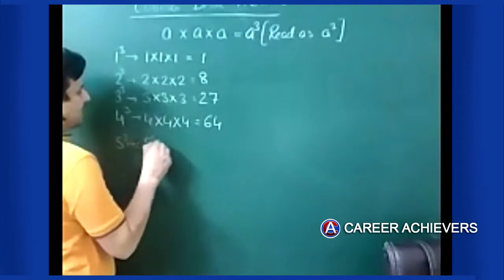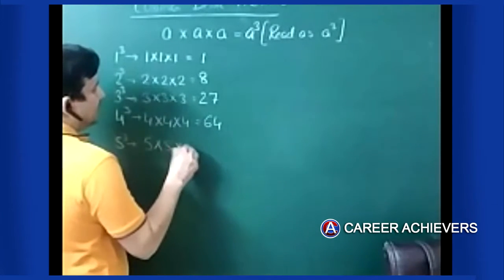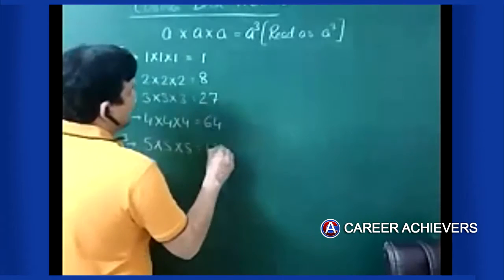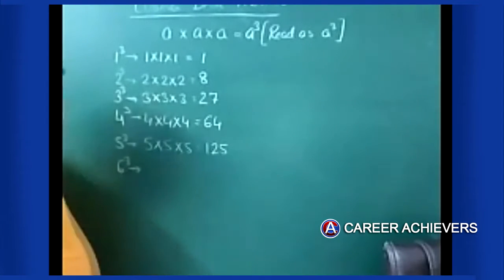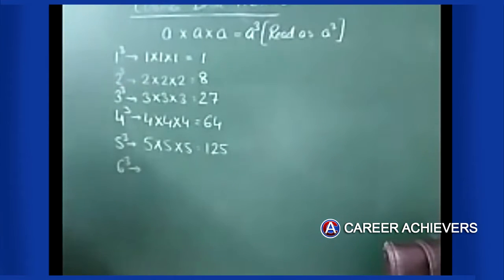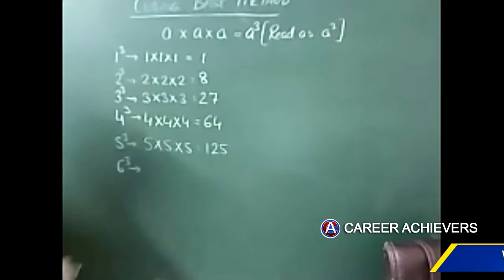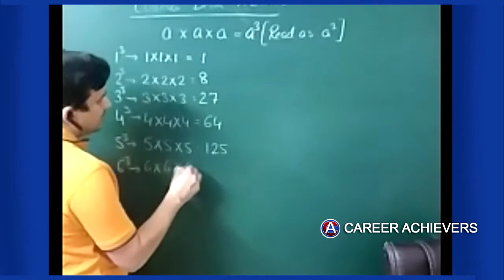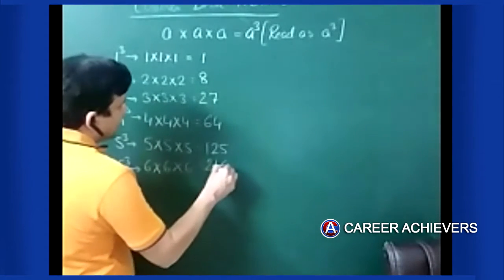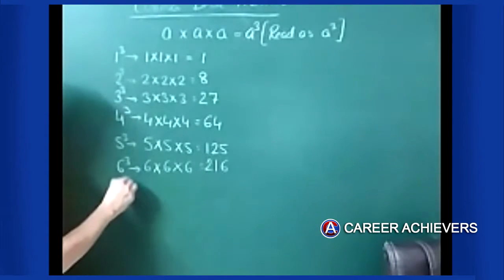Yes, excellent. 5 into 5 into 5 is 125. 6 cube. Sir, I don't know. You can try in your copy. 6 into 6 is, yes, 216. 216 is correct. 7 cube.